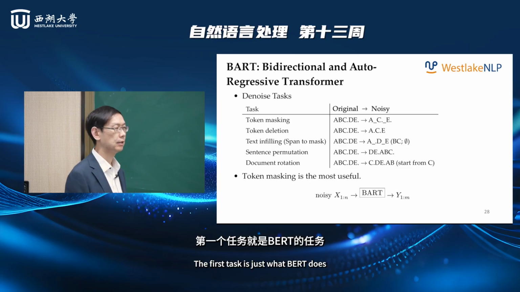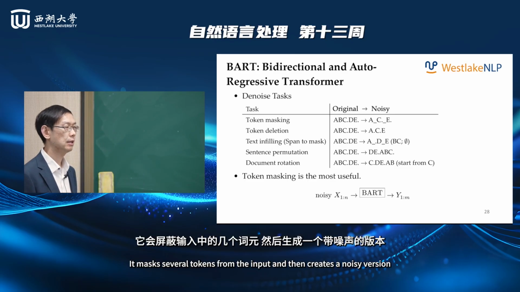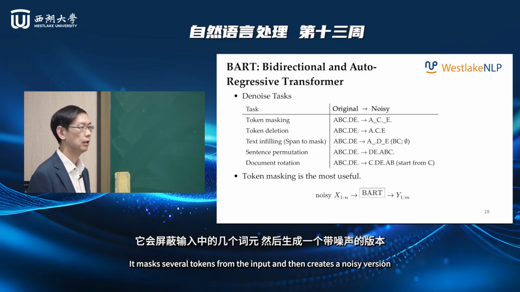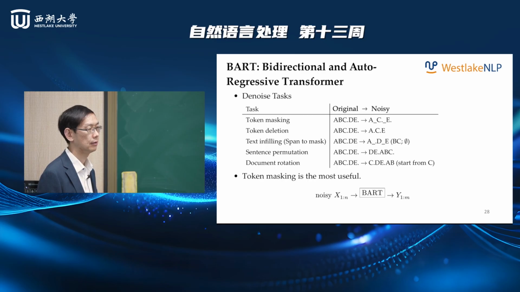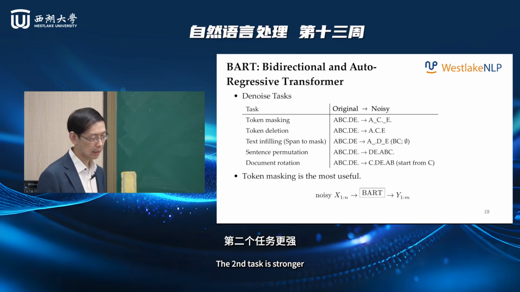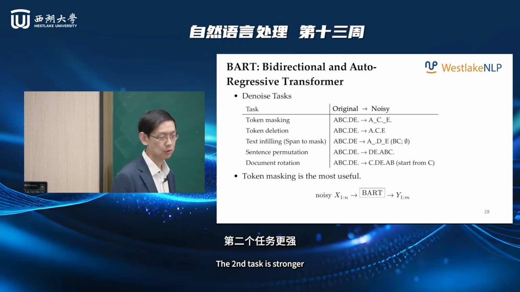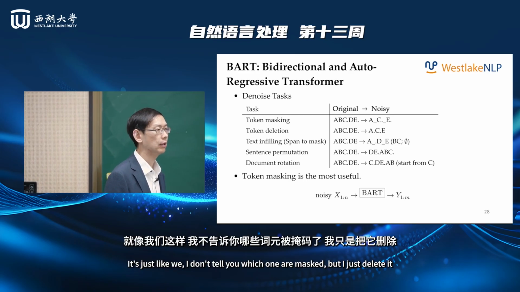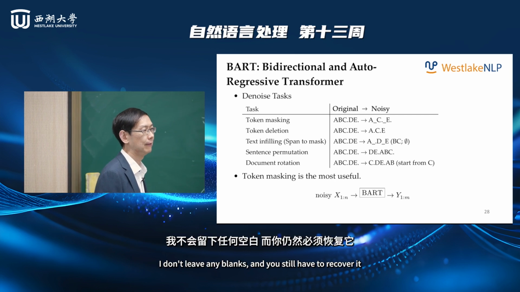The first task is just what BERT does. It masks several tokens from the input to create a noisy version. The second task is stronger. I don't tell you which ones are masked, I just delete them.